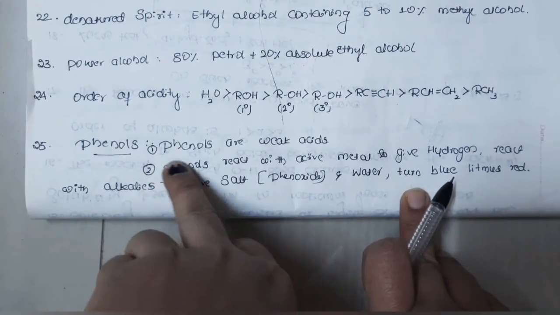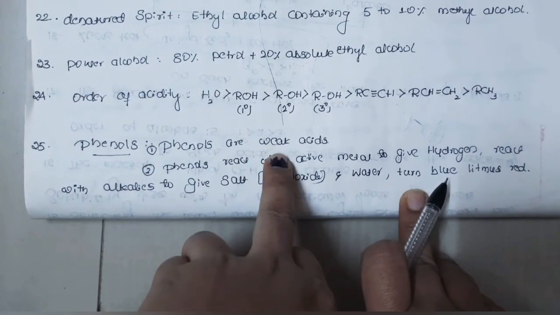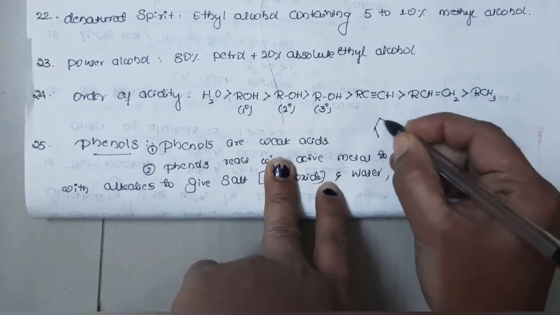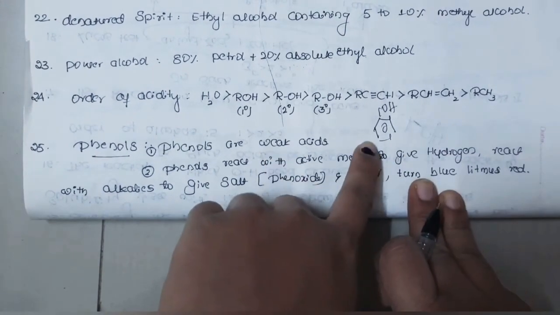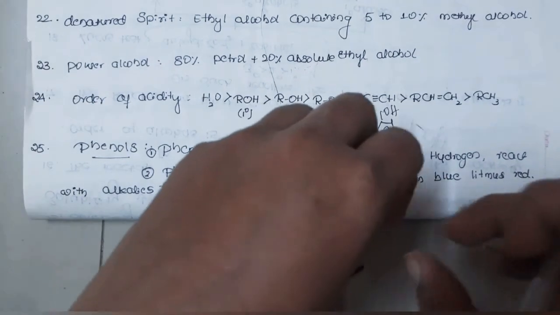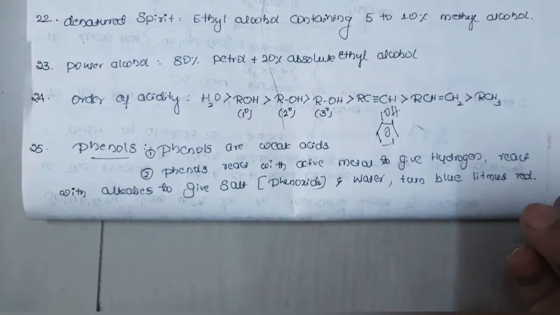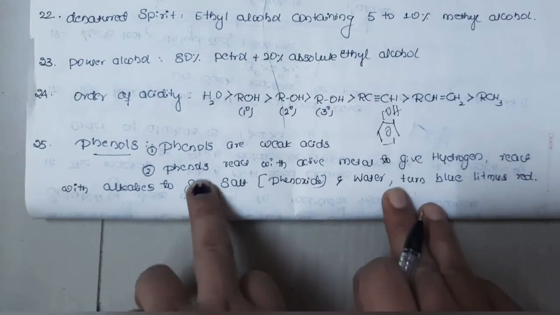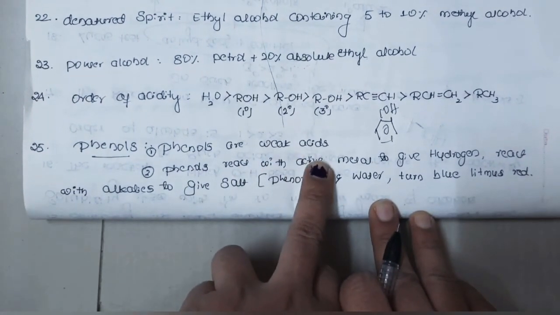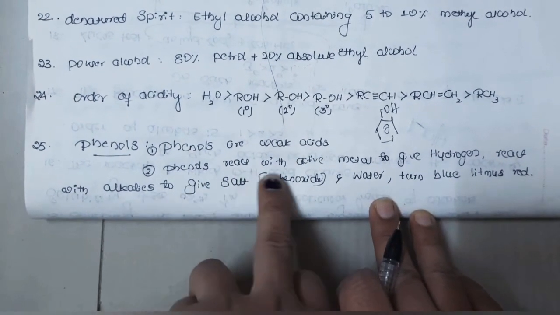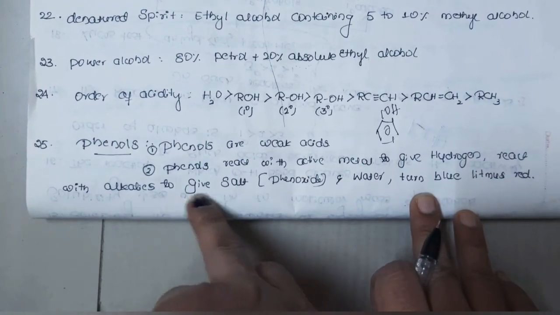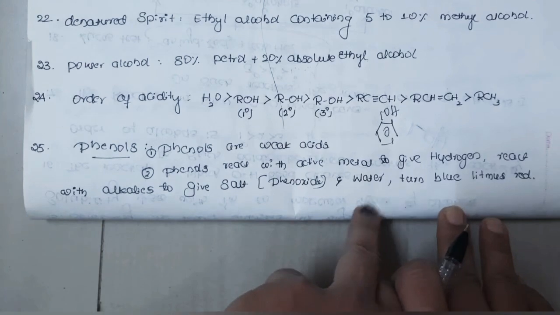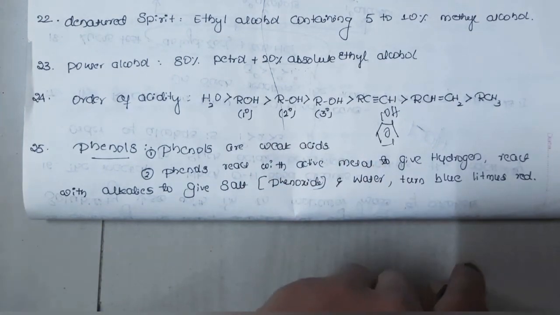Next come phenols. When I say phenols, here we have a benzene ring along with the presence of an OH group. This is what we're going to call a phenol. We're going to study this phenol under a separate heading. Phenols are a weak acid. Phenol reacts with active metal to give hydrogen, reacts with alkali to give salt and water, and turns blue litmus to red.